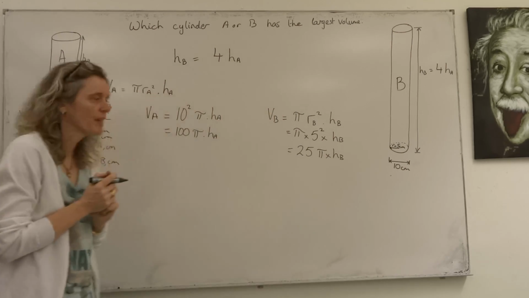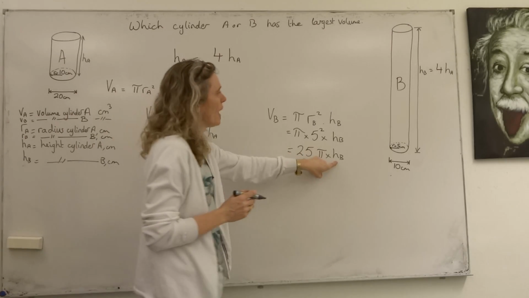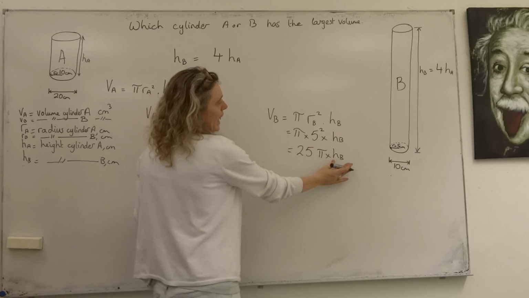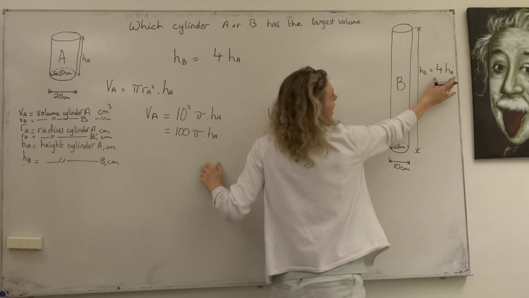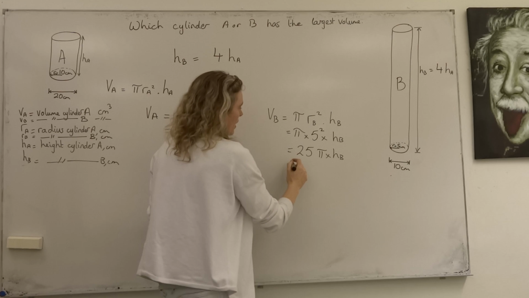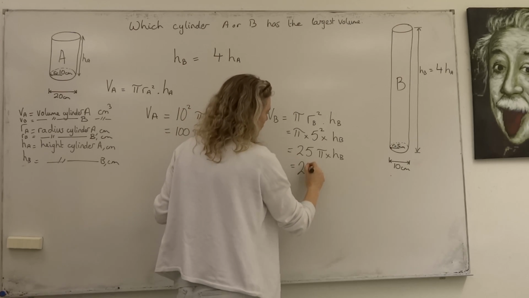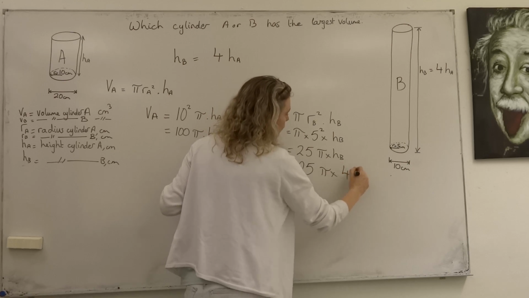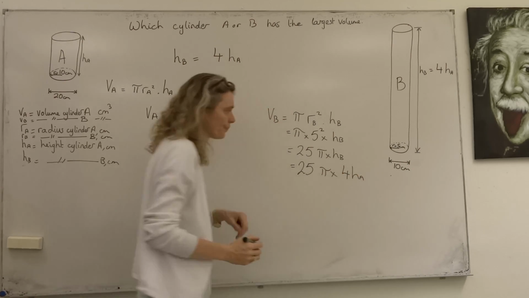But we know something about HB. We know that HB is 4 times HA, so we could replace HB here with the HA term that we have up here. So let's say replace HB with HA, it equals 4 times HA.